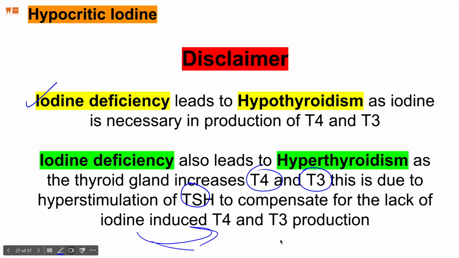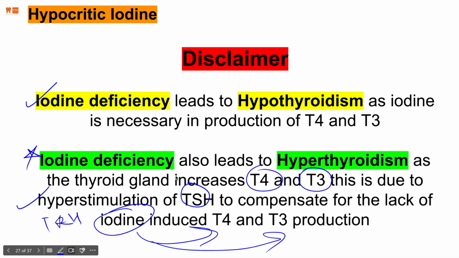Iodine normally produces T3, T4, and it stops because there's a deficiency of iodine, that's when the thyroid gland is like, okay, so what do I need? I need a T4, T3 dose, but I don't have iodine. So what am I going to do? I'm going to go up and stimulate the hypothalamus directly and say, I need more TRH. After TRH, more TSH. After TSH, I need T4, T3. Great. I don't care if iodine is deficient.